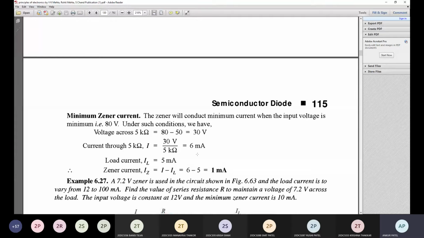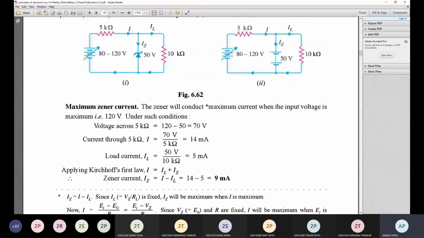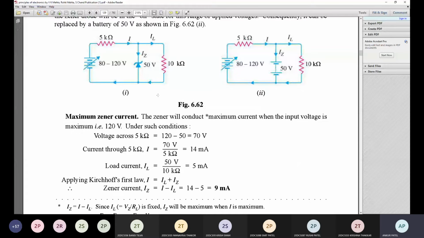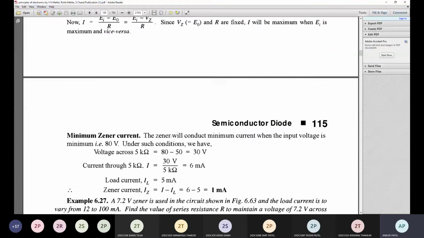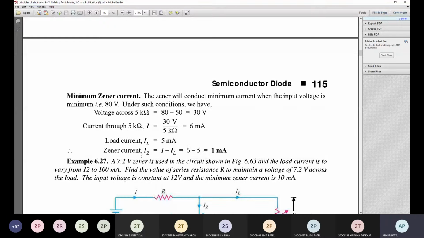So you can say this current is minimum. Now load current IL is equal to 5 milliampere, 50 by 10, as we found by this condition. And Zener current IZ is equal to I minus IL, that is 6 minus 5, that is 1 milliampere. So this is the minimum Zener current.